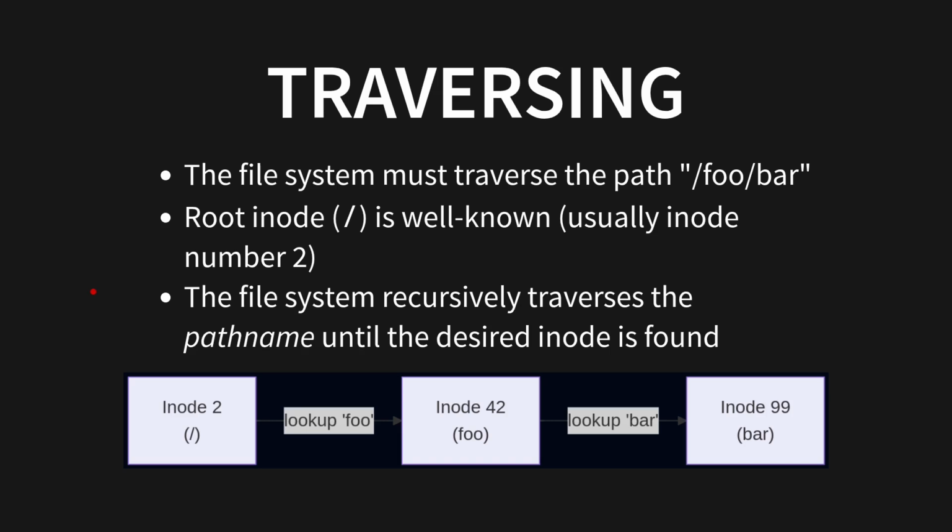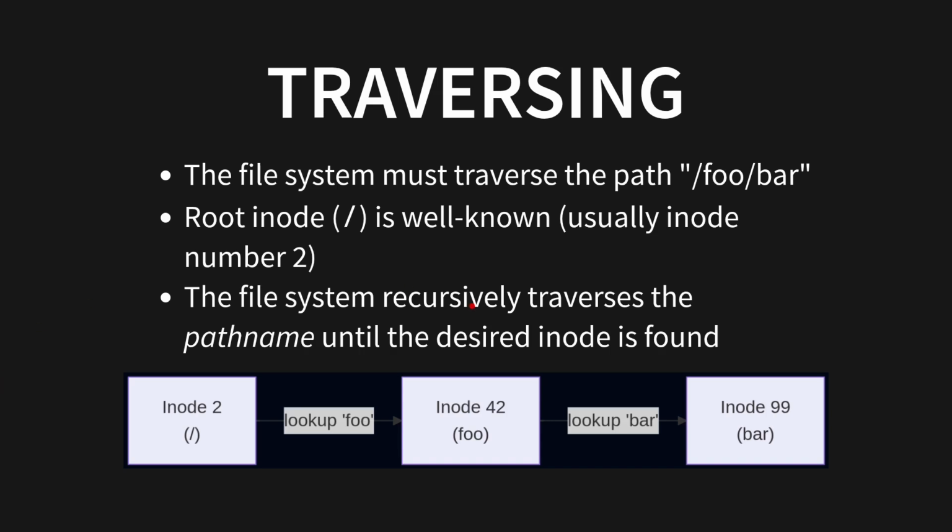The traversal operation is a recursive or an iterative operation, again depending on how you implement it. We go through the root inode, look at its directory entries, and find foo is mapped to inode number 42. We already discussed in the previous video that directories hold pairs of a file or directory name and its inode number.